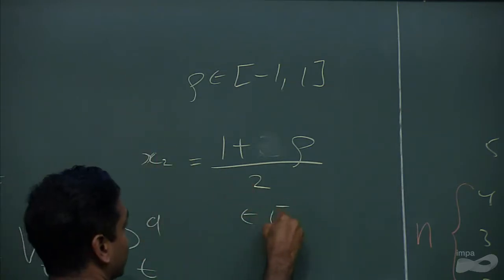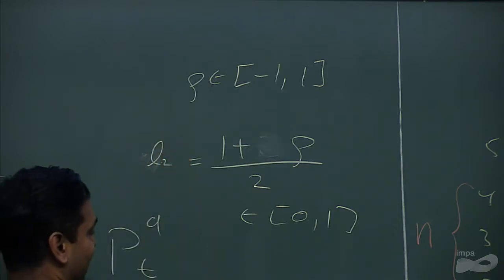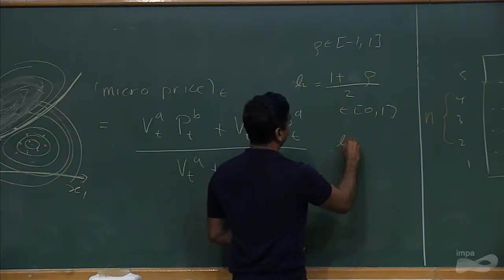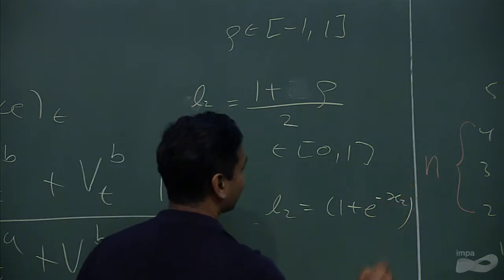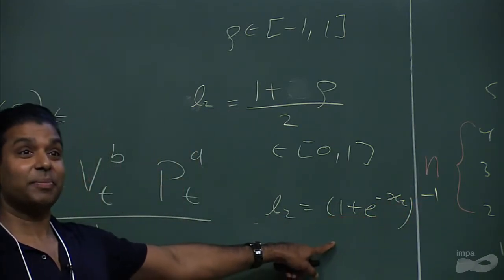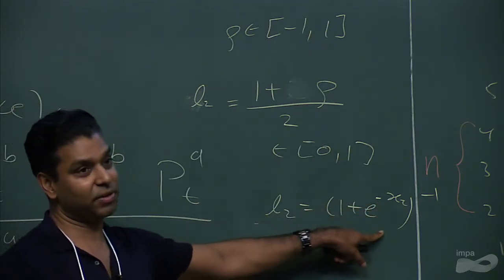This is now in the interval 0 to 1. Then I simply write L2 equals 1 over 1 plus e to the minus (x2 minus 1). So this is a logit type transformation. I find the x2 that satisfies this. This is always between 0 and 1.